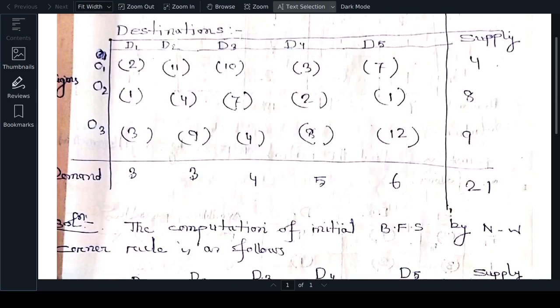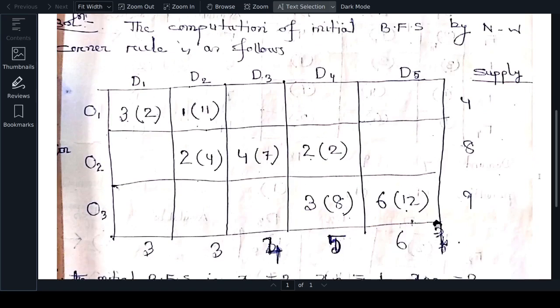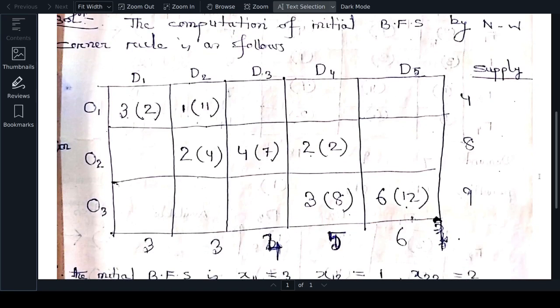If the column is completed and the row still has some value remaining, we move to the right hand side. If the row is completed, we move downward to the cell. First you see the procedure. Is this clear? Yes, sir, it is clear.